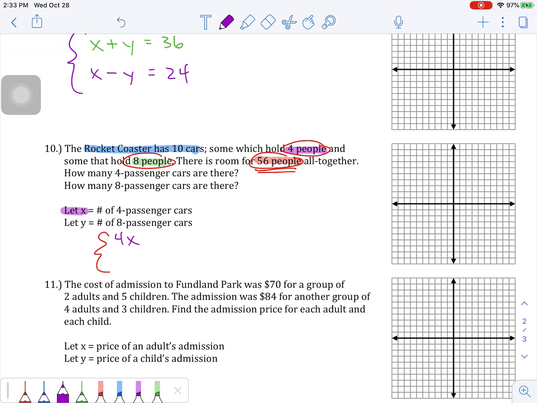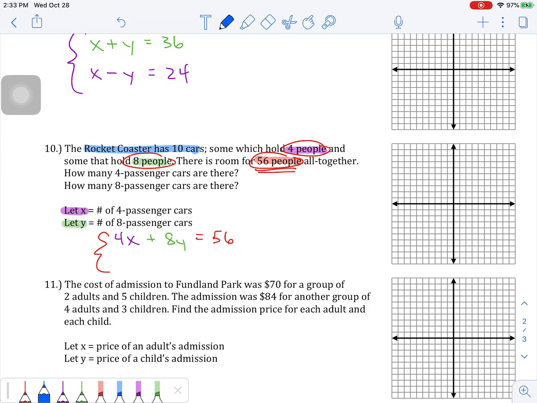And then to that, I'm going to add the y, being the 8 passenger cars, times 8 for each one of those. And that total has to be equal to 56. So I can't have one of each, because then that would be 8 plus 4 people. That would only be 12 people that could be held. So I need some combination where those two number of cars is going to hold a total of 56 people.